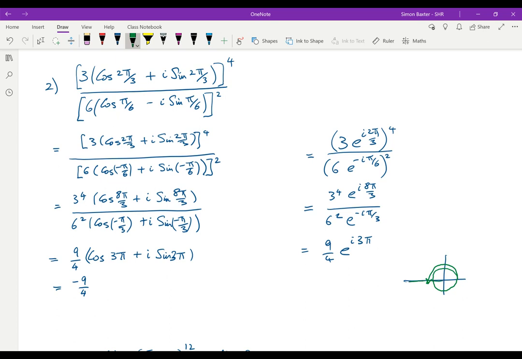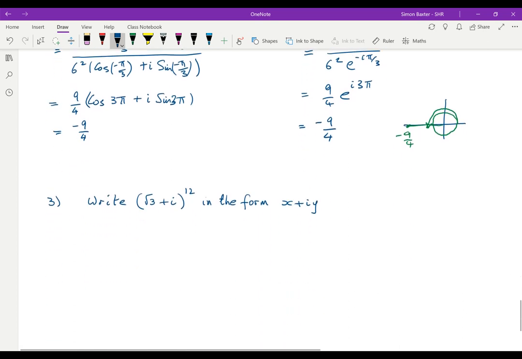So if the argument is 3 pi, it's here. It's minus 9 over 4. Okay, slight differences with that one.